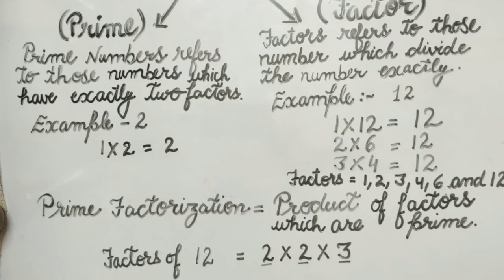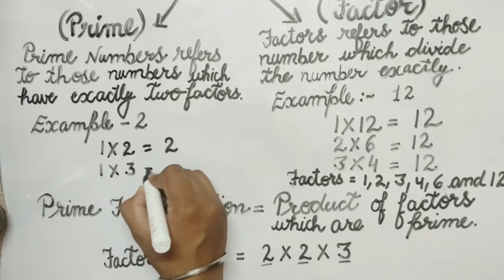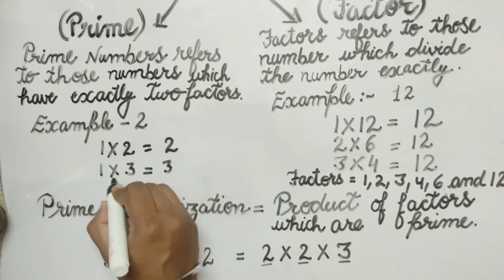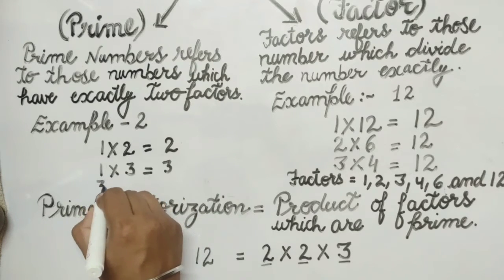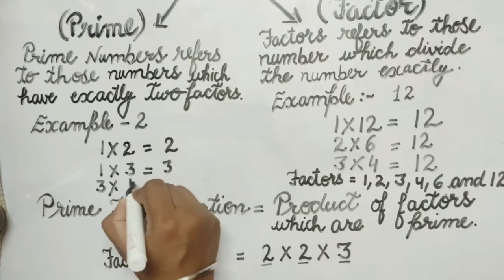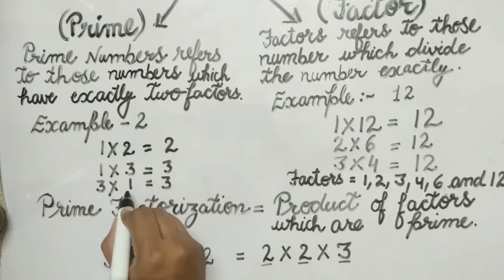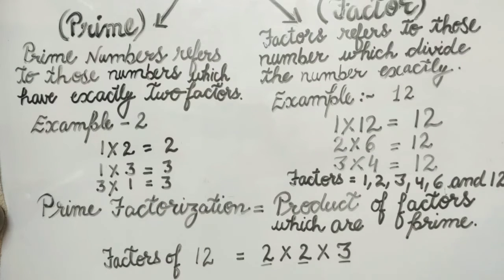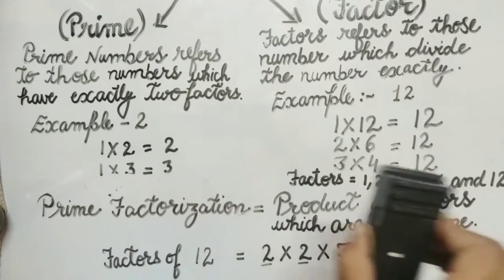When we find the factors of 3, yes, 1, 3s are 3. 2 cannot divide 3. Let's move to the table of 3. 3, 1s are 3. Students, factors are repeating, so we will stop here only. Clear?